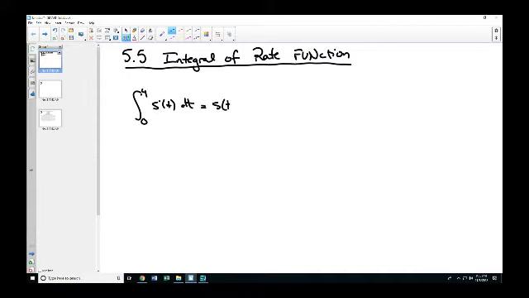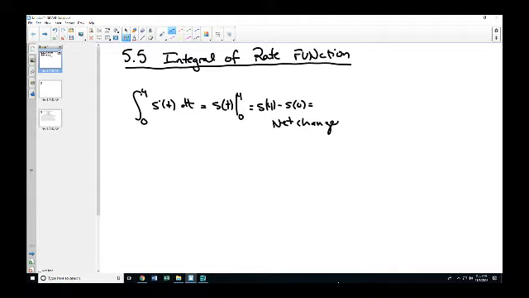S of t evaluated from 0 to 4, so you have s at 4 minus s at 0, which is going to be a net change in something, depending on context. It could be how much grass is decomposed, how much gravel is processed, how far cars traveled, anything of that nature.